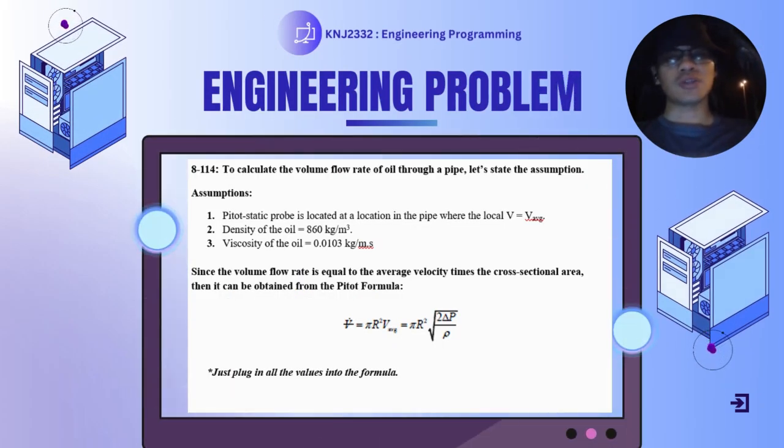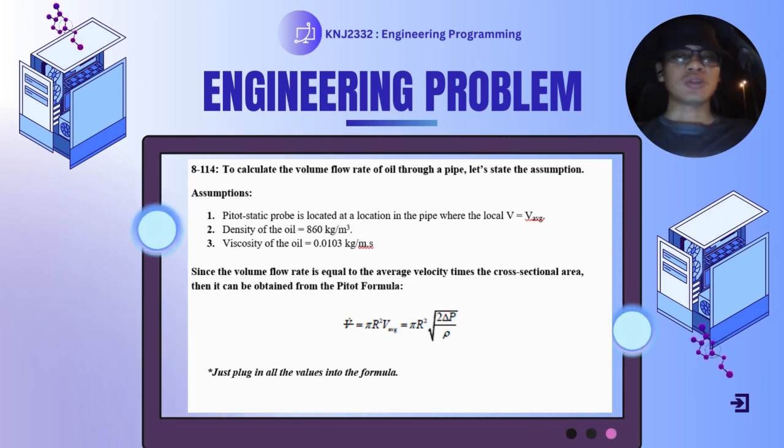In order to solve this engineering problem and to calculate the volume flow rate of oil through the pipe, let's state the assumptions. Firstly, the pitot static probe is located at a location in the pipe where the local velocity is equal to the average velocity. Secondly, the density of the oil is 860 kg per meter cube.